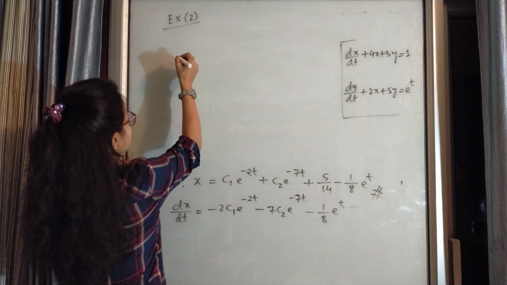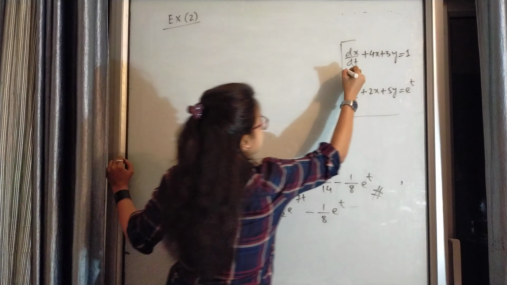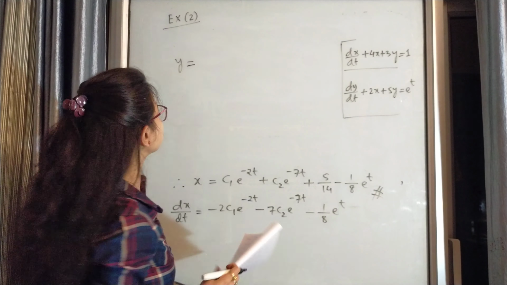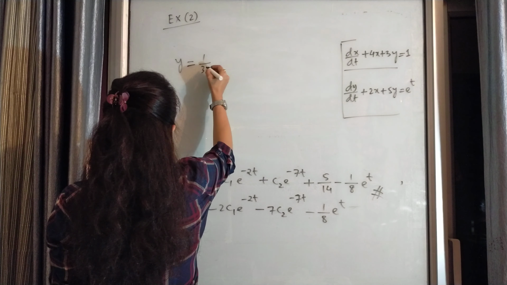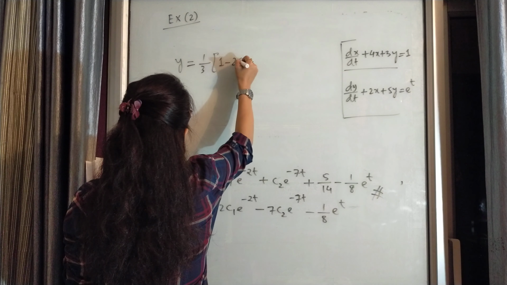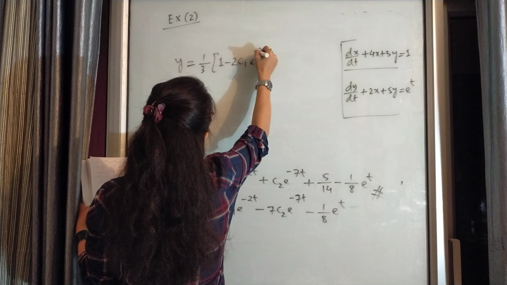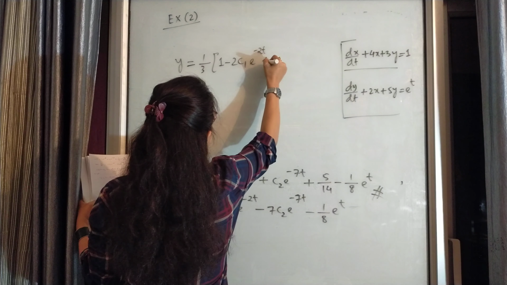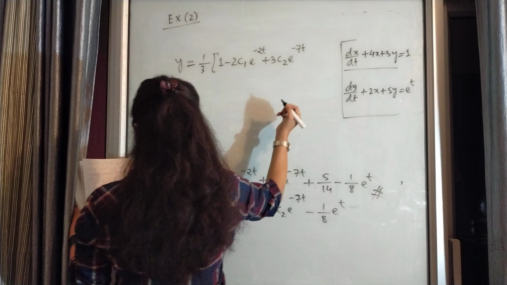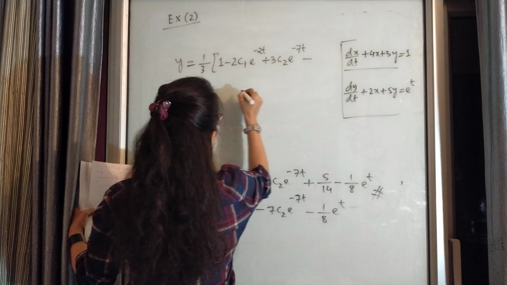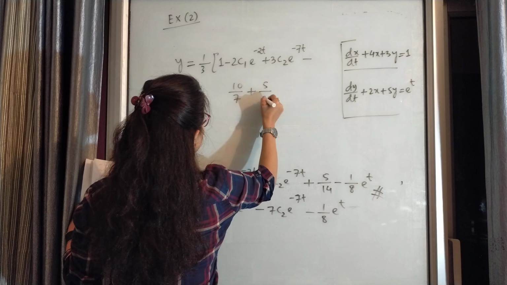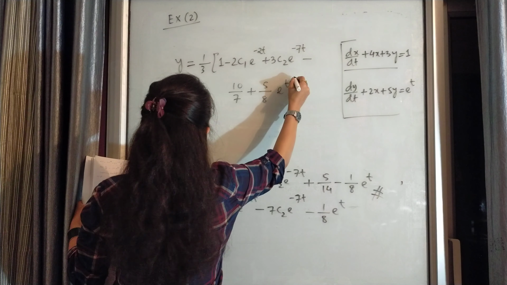So let's substitute x and dx/dt in the first equation. Then y will be 1 by 3 times 1 minus 2c1 e to the power minus 2t plus 3c2 e to the power minus 7t minus 10 by 7 plus 5 by 8 e to the power t.